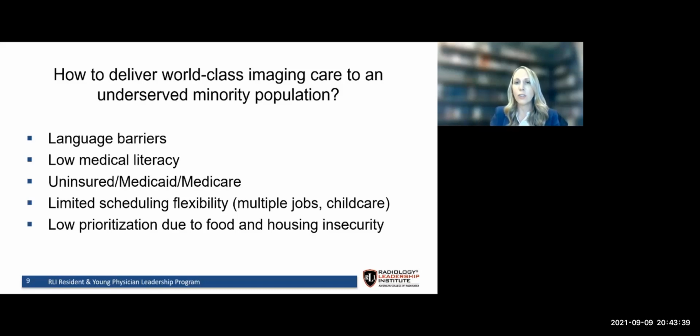I tried to address the larger question of imaging access for patients in an underserved population. My goal was to provide world-class care to Bronx patients because health equity problems and disparities were widespread, and the issue of access to MRI appointments related to several barriers that our population was facing: language barriers, low medical literacy, insurance problems, limited scheduling flexibility because of multiple jobs or childcare, and also low prioritization of medical care due to other insecurities such as food and housing insecurities in their lives.